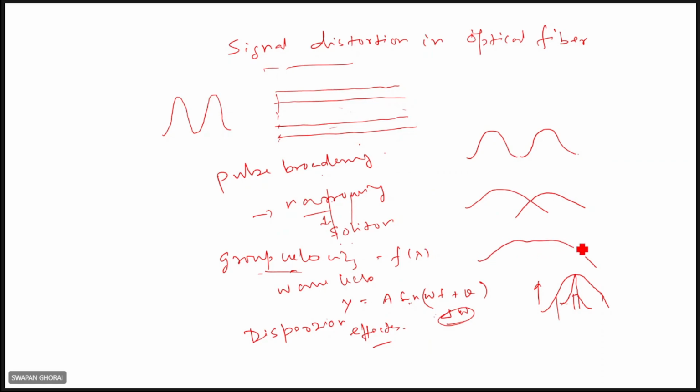That is the signal distortion. After a certain length, the signal distortion will be too much, so data rate will be degraded. We'll see next time. That is because of the variation of group velocity, and those are called dispersion effects. Next time we'll see the dispersion effect, and that will cause signal distortion in optical fibers.